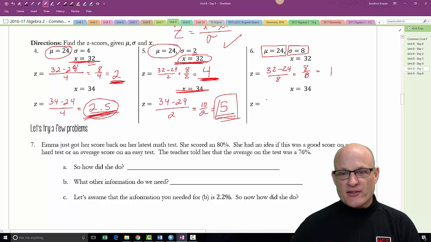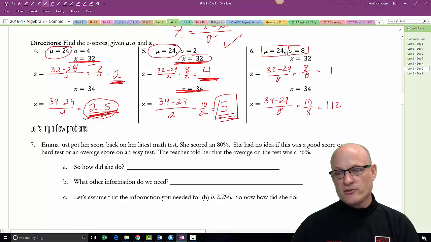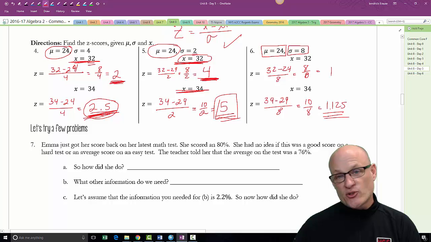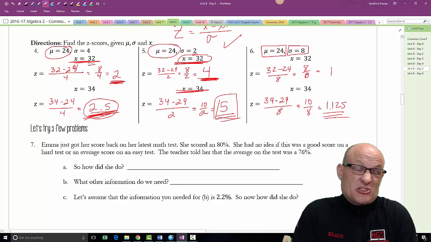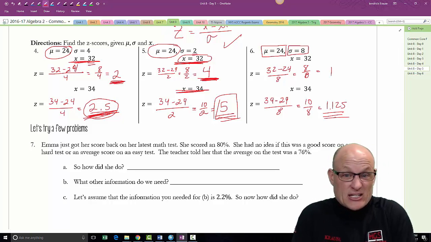This person, let's take 34, and we'll subtract off 24, and we'll divide by 8. This is 10 divided by 8, which is 1.125 standard deviations. So again, this person scored slightly above 1 standard deviation. So they're sort of better, but not crazy better.